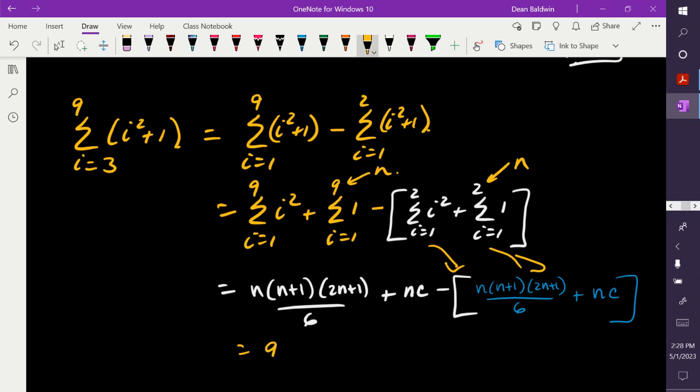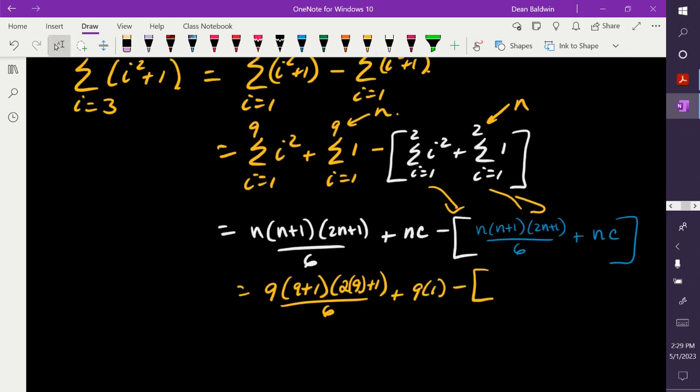I plug in 9 plus 1, 2 times 9 plus 1 over 6 plus 9, and our c value is 1. Minus. Now our n value is 2 for this bit: 2 plus 1, 2 times 2 plus 1 over 6 plus 2 times 1.